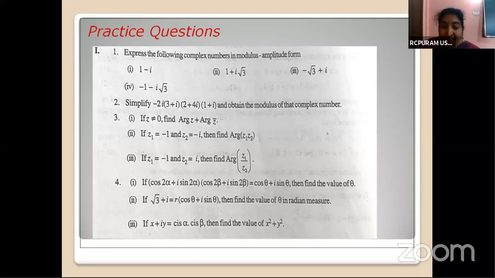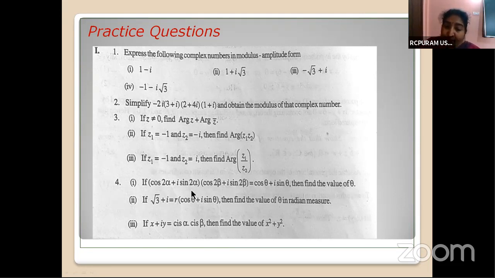Now, these are the practice questions for today. We have taken up modulus amplitude form, children. So you can calculate modulus amplitude form for these problems, and then some problems related with argument, and then cis theta form: cos 2 alpha plus i sin 2 alpha into cos 2 beta plus i sin 2 beta is equal to cos theta plus i sin theta.